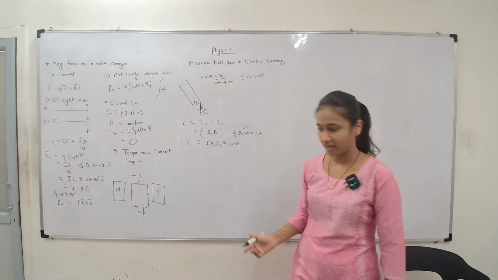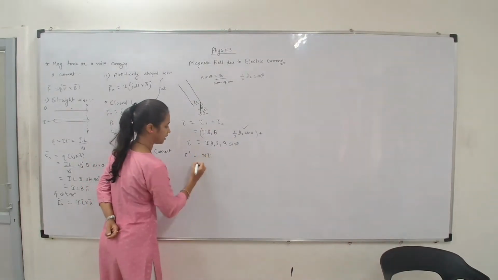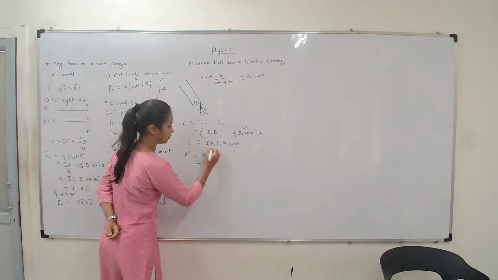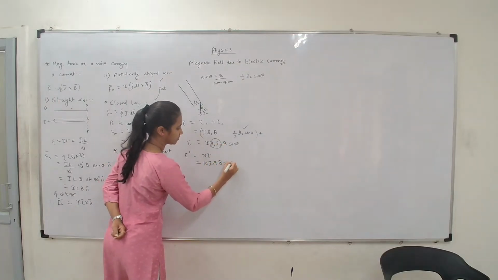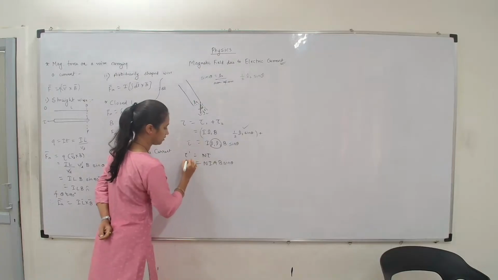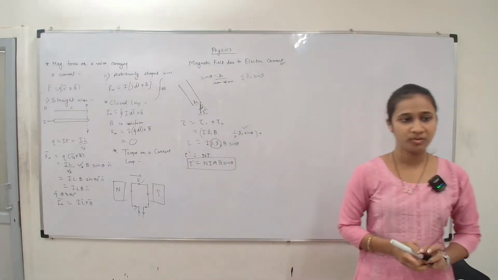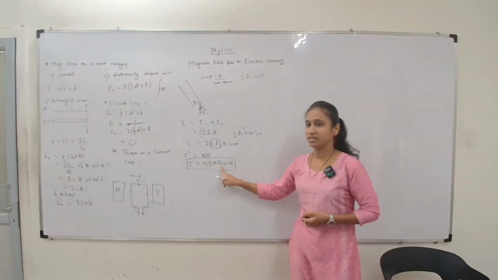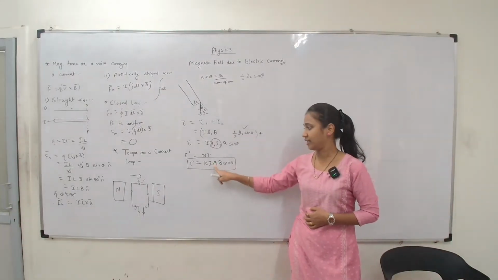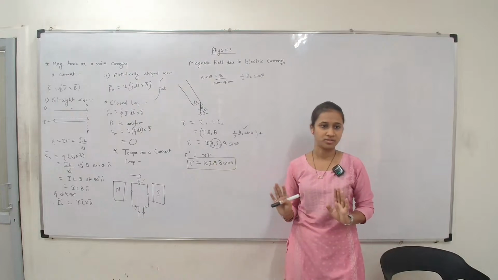For the number of windings, tau dash will be n into tau, that is n into I into L1 into L2, which is A, into B sin theta. This is the torque on a current loop for n number of turns, where B is the magnetic field and A is the area of the loop, whatever the shape of the loop is.